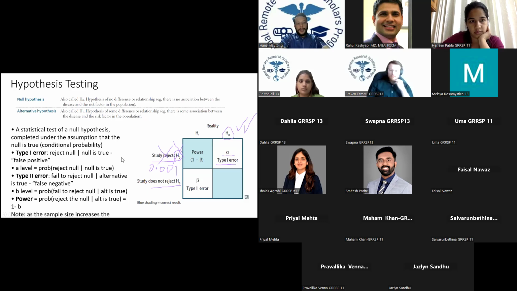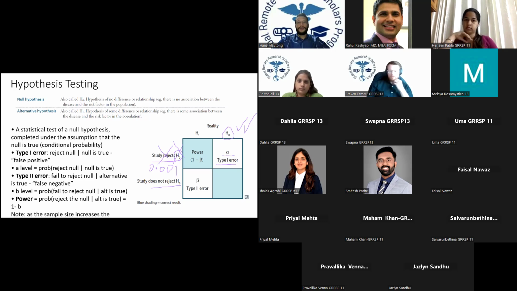Okay, so when people talk about sampling, sample and population, it is noted that you will be talking about power and also alpha probability. So you want your alpha to be as low as 5%, and you want to have your power, or the probability that your study rejects your null hypothesis when the alternative is true.